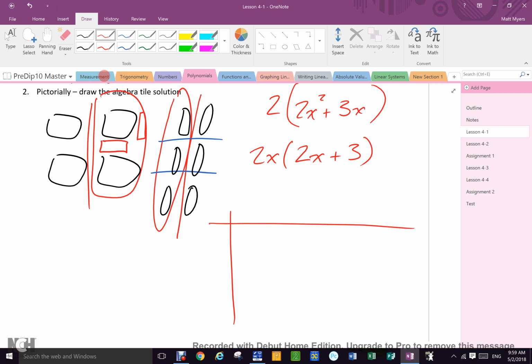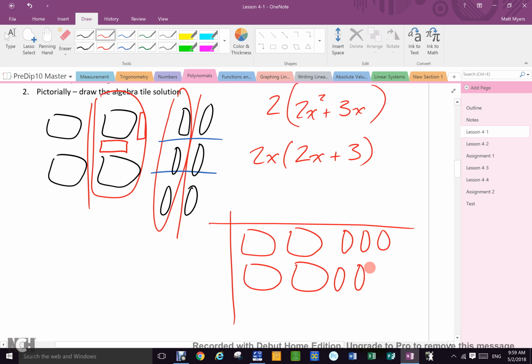Make 4x squared plus 6x a rectangle. 4x squared plus 6x. 1, 2, 3, 4, 5, 6. What's down this side? x, x, so 2x. So it's just like when we're simplifying a radical, we bring as much as we can to the outside.